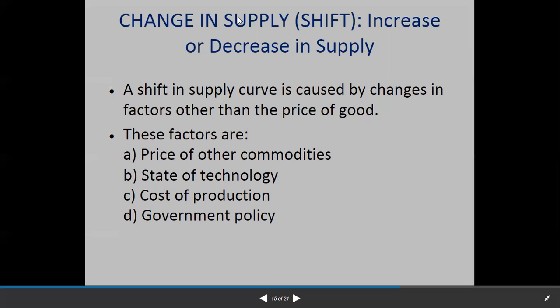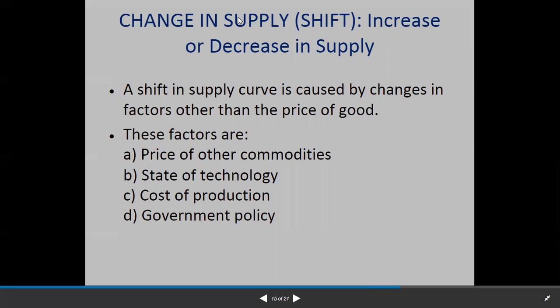When the supply of a commodity changes due to a change in any other factor, other than the own price of the commodity, it is known as change in supply. Not a contraction or expansion. It is called change in supply because of other factors. I will give a simple example.